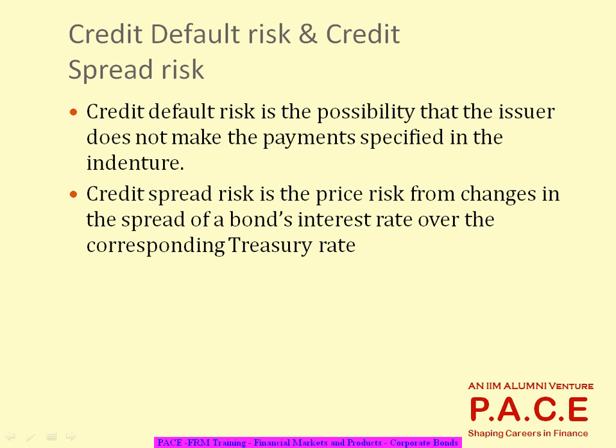But over a period, it has become more risky. So probably when it has become B rating, it should have given 10.5% return, but it is still giving 8.5. The 2% you are losing because of the credit spread that has occurred during the period. That is the credit spread risk. So you are receiving the money, but not the fullest of what you should receive from this kind of company.